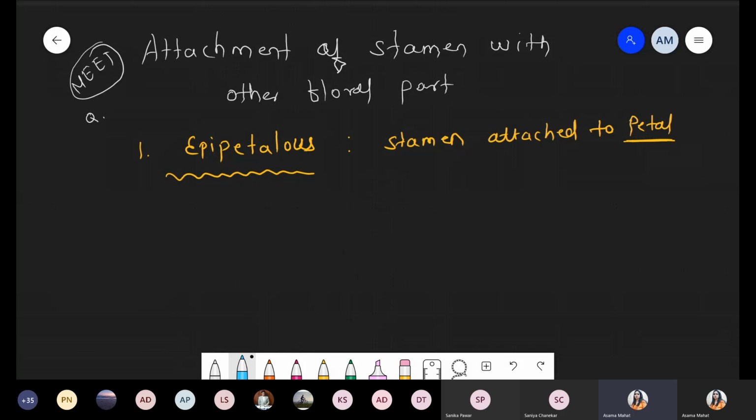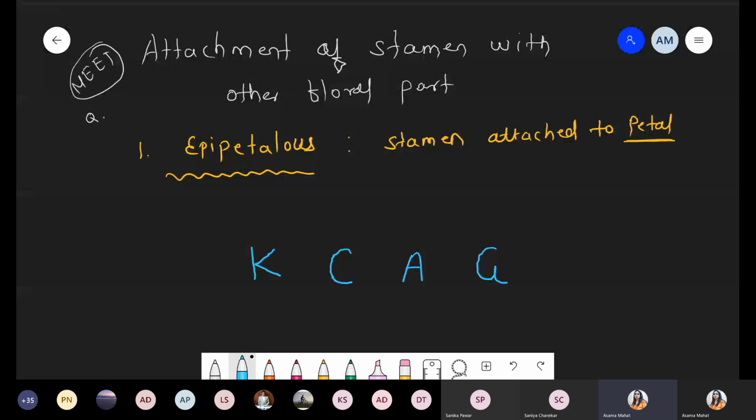You know that whenever we talk about the calyx, it is represented by capital K. Then there is C, corolla, which represents the petals, A for the androecium and G for the gynoecium. Okay, KCAG: calyx, corolla, androecium, gynoecium, from outer to inner.